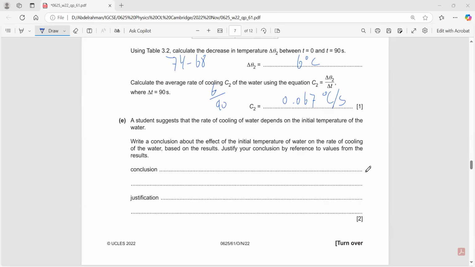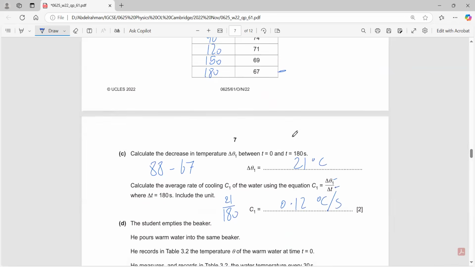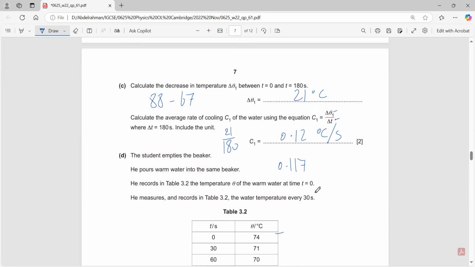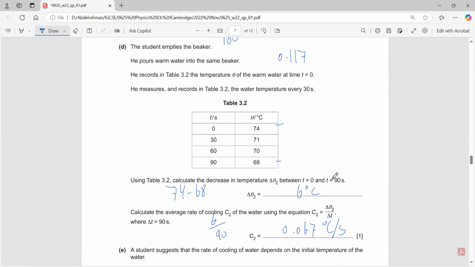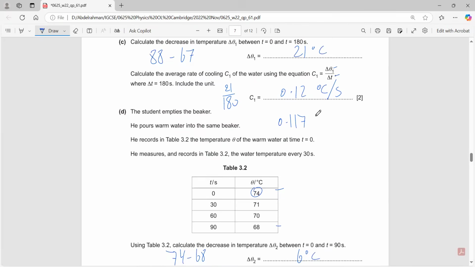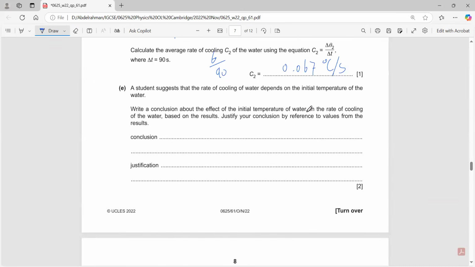In the first example, the initial temperature was 88 and the rate of cooling was 0.117. For the second experiment, the initial temperature was 74 and the rate of cooling was 0.067. Definitely there's a significant difference.